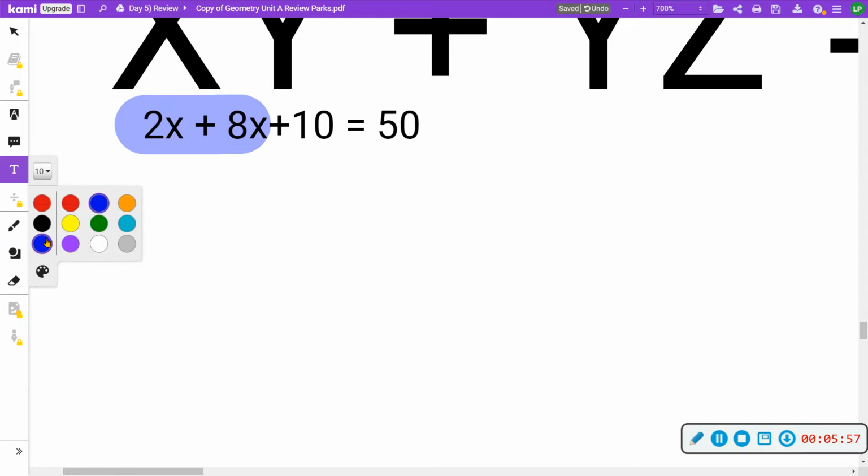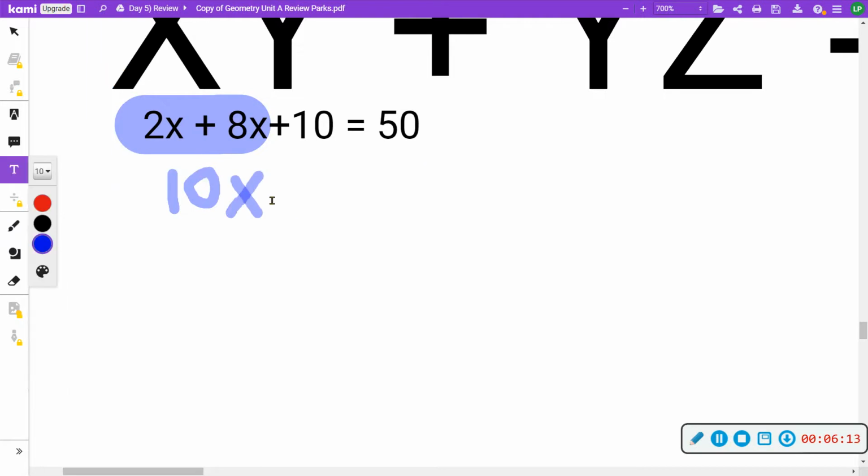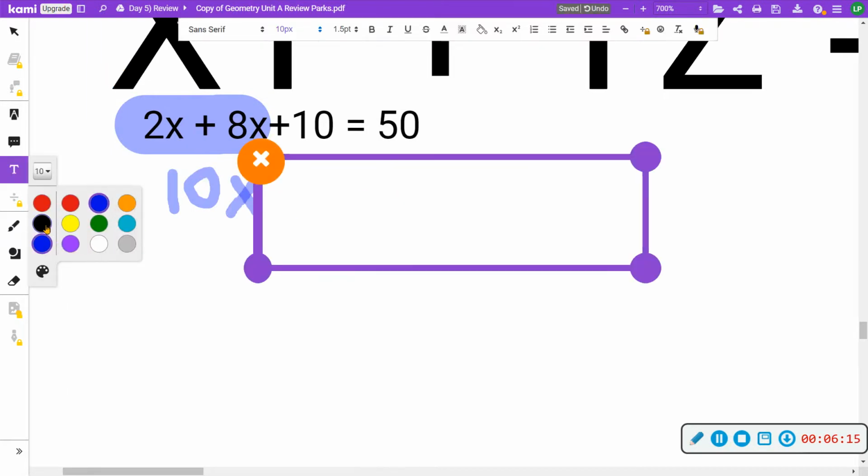And that's actually what we call 10x. So these two together is 10x. And I could bring down the rest. So that's plus 10 equals 50.